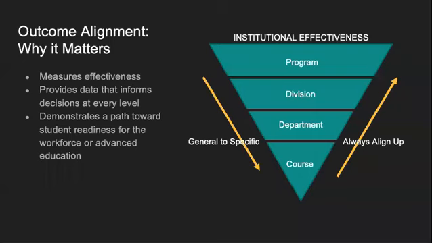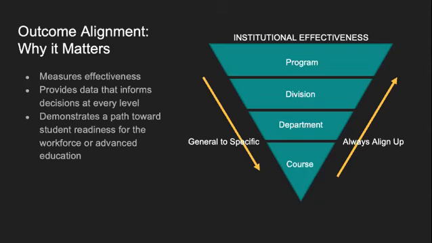That evaluation results in data that is used to drive changes in curriculum, in courses, in program requirements. It also enables institutions to demonstrate their ability to effectively prepare their students for the workforce, for more advanced learning, and to defend their accrediting status as well.